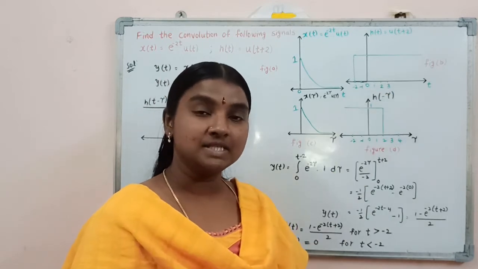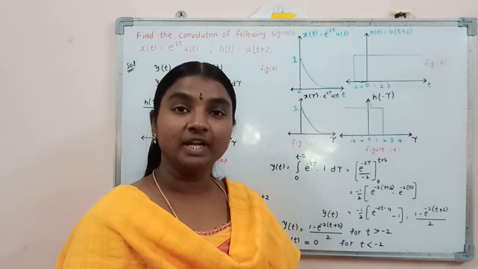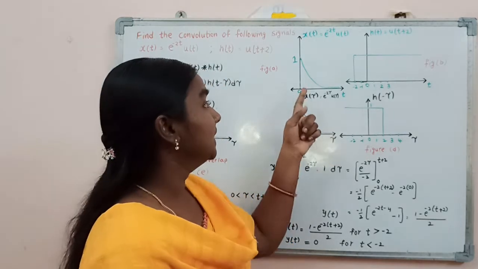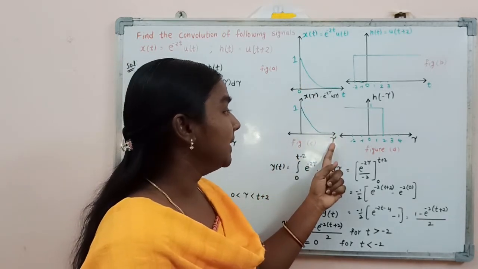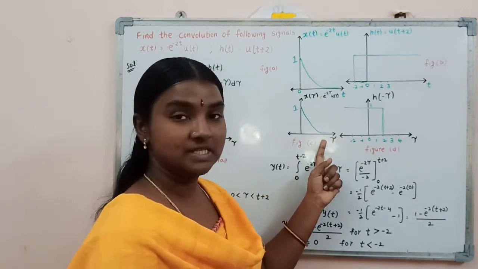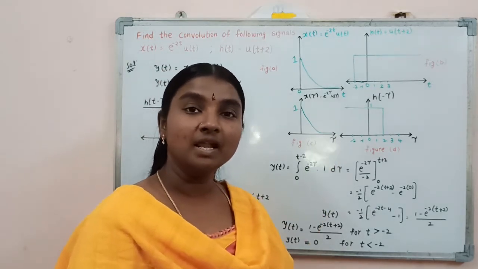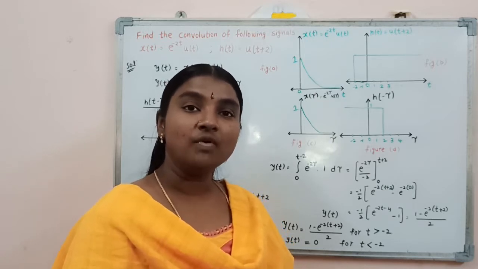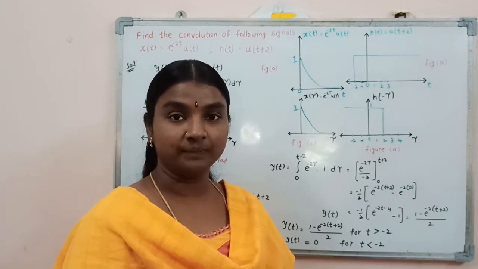In the next step, we need to draw the given signals in terms of the independent variable tau. So the given signal x of t, we draw with independent variable tau in this manner. And then we need to draw the second signal h of tau also. After that, we need to find the reversal signal h of minus tau.